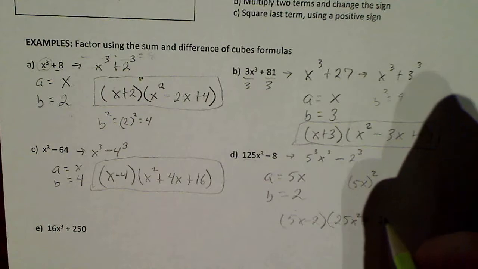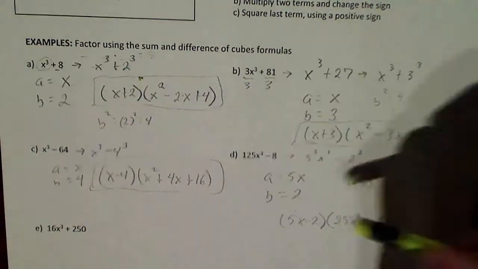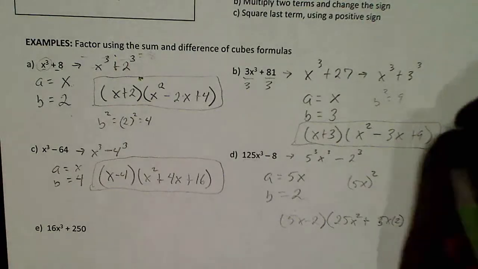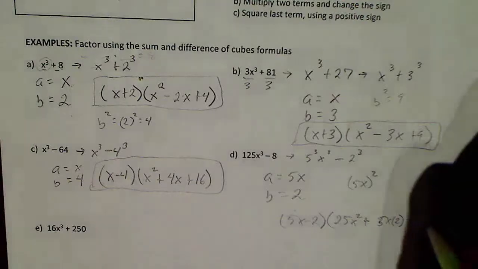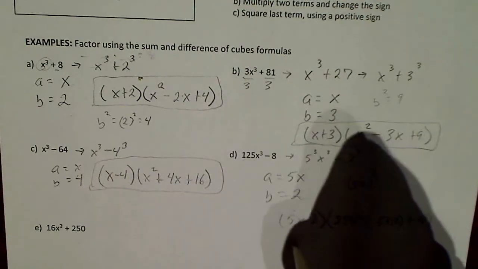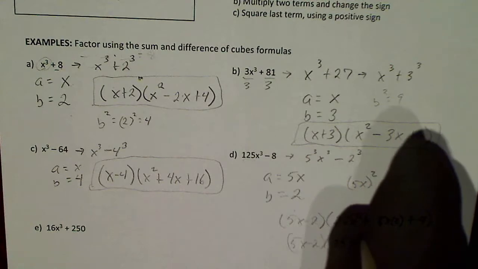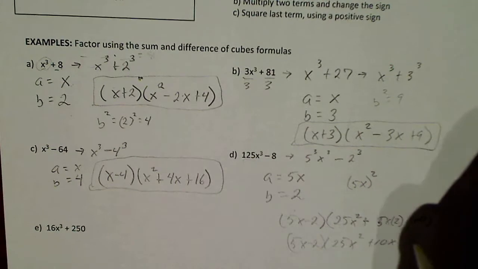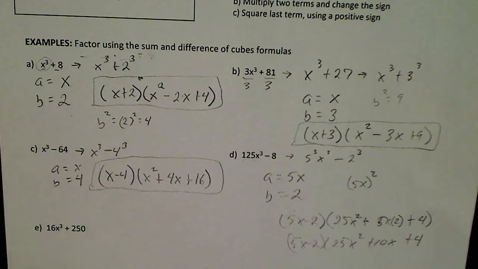So 5x times 2, plus b squared, which, we know b is 2, so 4. So I can simplify this one more time where it's 5x minus 2, 25x squared plus 10x plus 4.